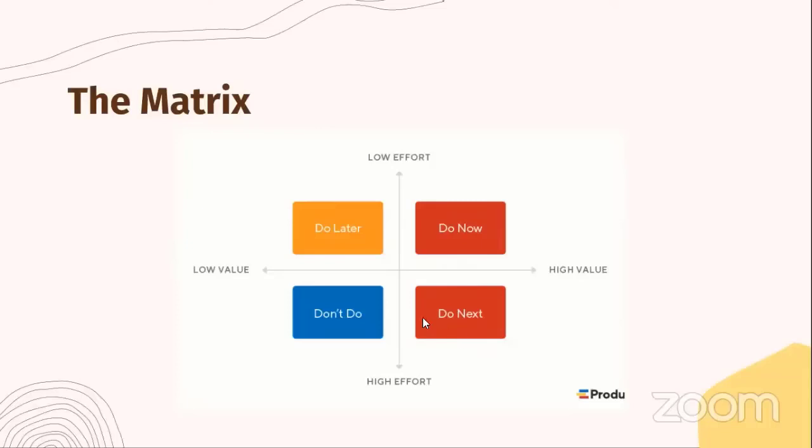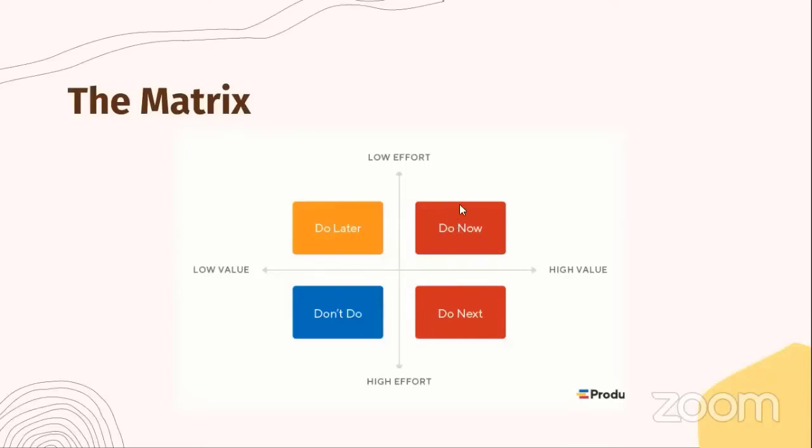The one you want to do next is the one that takes much more effort, high effort, but also delivers very, very high value. When I say next, I mean only after you've exhausted all the ideas here. So if you have 10 ideas here, you want to do all 10 before touching this place at all.